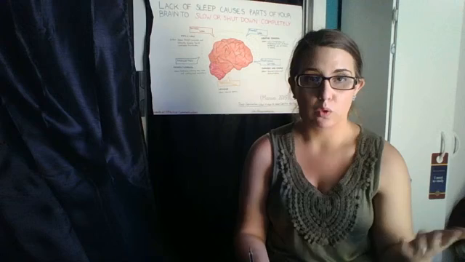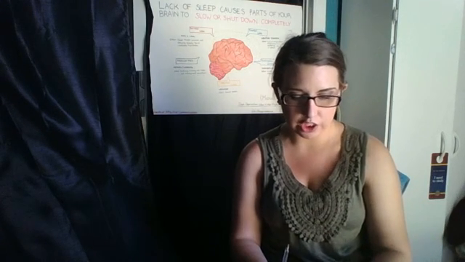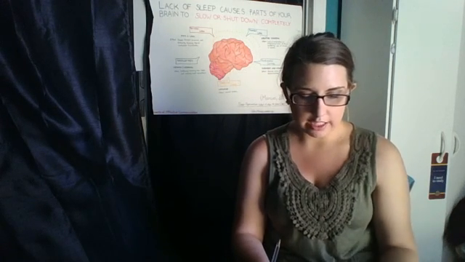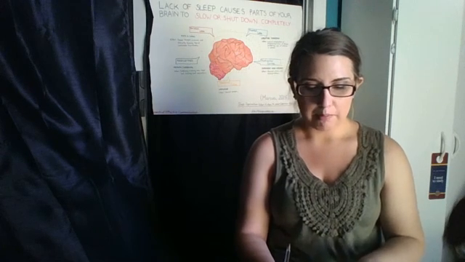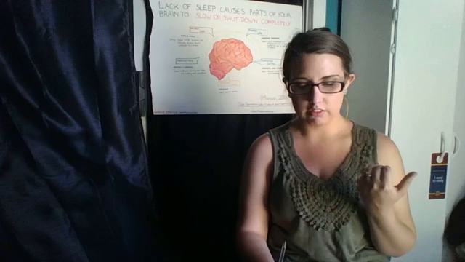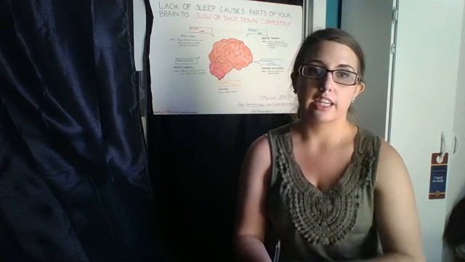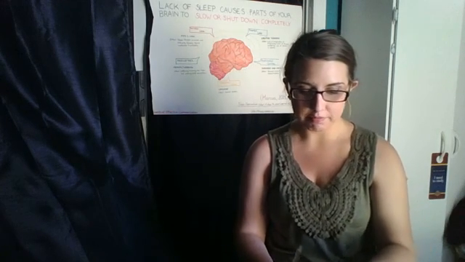NREM sleep, which is known as quiet sleep, provides blood supply to the muscles, energy restoration, tissue maintenance, and hormone regulation. And REM sleep, which is known as active sleep, has to do with your brain activity and dreaming. The body is currently immobile during that phase, and heart rate and breathing rate increase during this phase. And this is from Sleep Topics 2016.